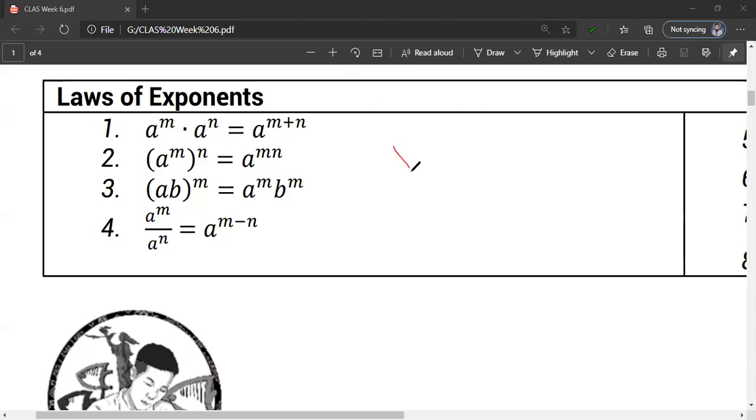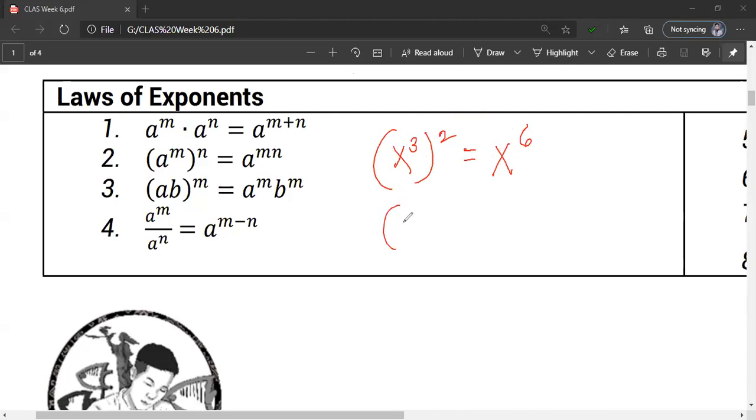Let's take for example, we have x cubed squared. Ilan yan? Meron tayong based sa ating law, ipag-multiply daw yung dalawang exponent. So we have 6. Okay, so we have x raised to 6.